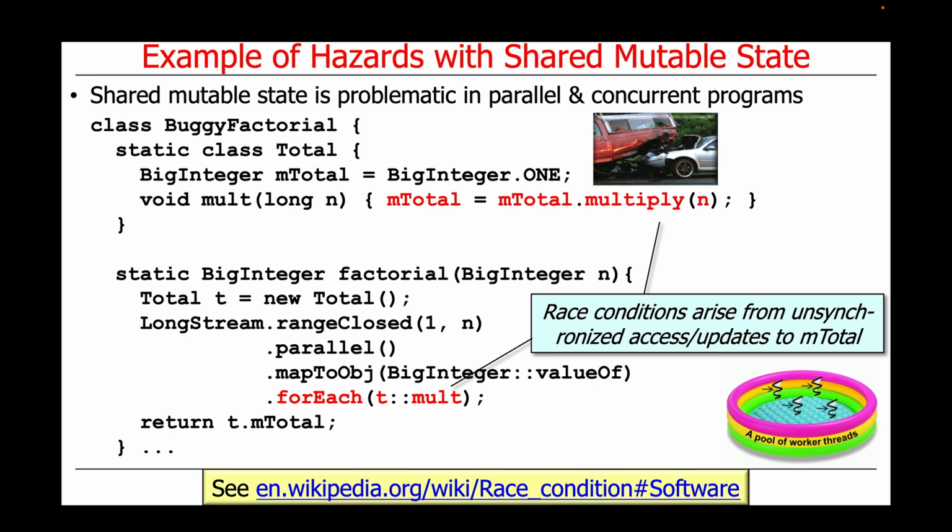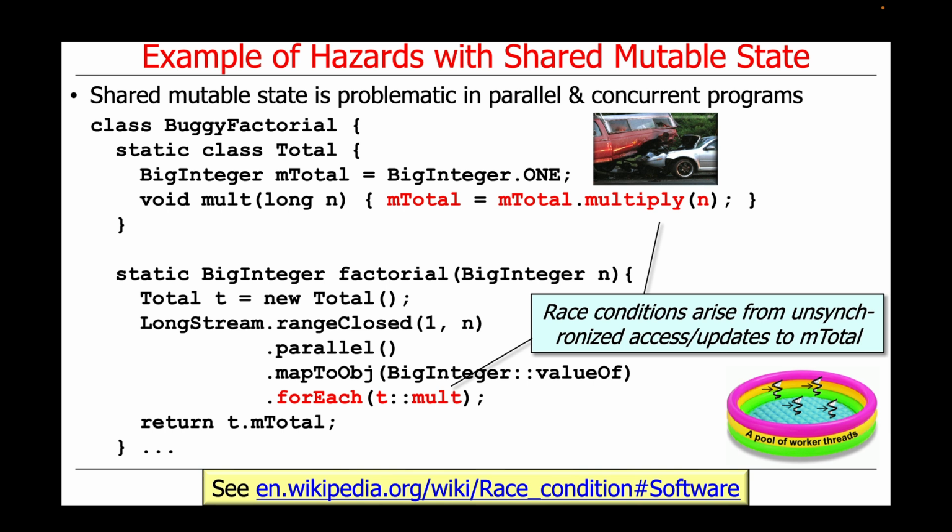The forEach method, as you probably recall, is a terminal operation that has all the other parts of the stream run and then performs some side effect action, which in this case is to call the mult method on variable t of type Total. And if you take a look at what the mult method does, it multiplies the mTotal shared field by n, which is the parameter passed in.